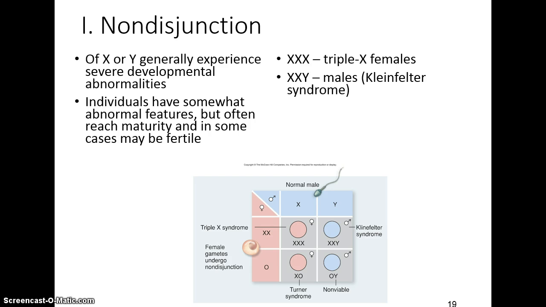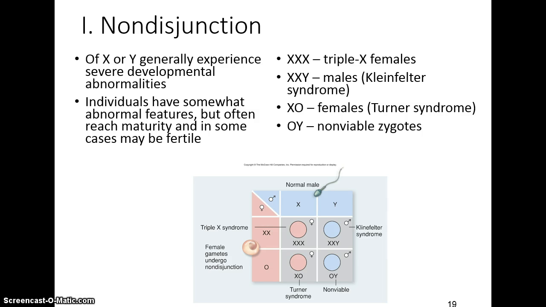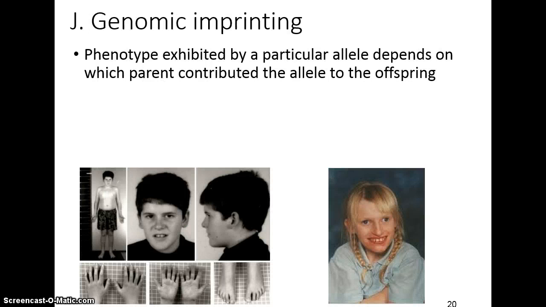If you have XXY, that's a male, and that's called Klinefelter syndrome. If you have XO, so only one X, monosomy, you would have Turner syndrome. And if you only have the Y, because the X is necessary for life, you would not survive. XYY is called Jacob syndrome, and there are some problems associated with that as well.